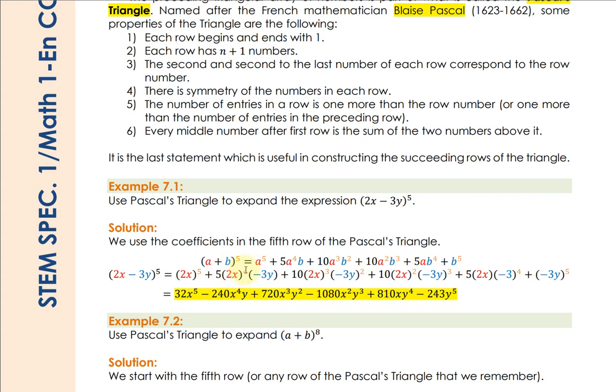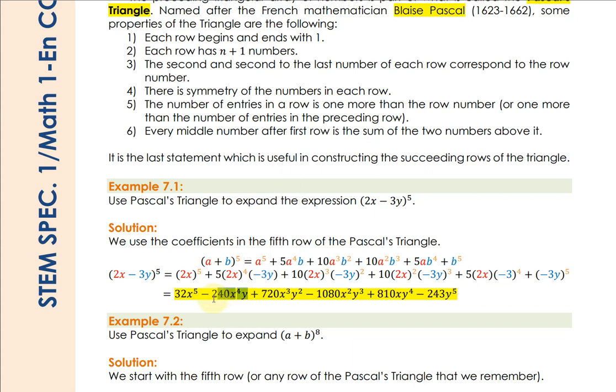Again, distribute the power to our parenthesis. So we have 2 to the power of 4 and x to the power of 4. That's why we have 16 x to the power of 4 here. Then we multiply it by 5, that is 80 x to the power of 4. Then we multiply it by negative 3y.